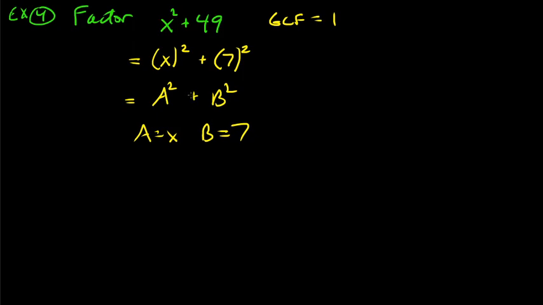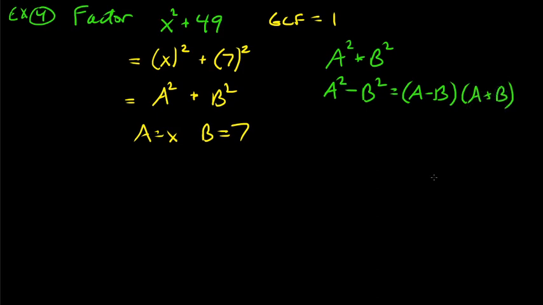But that's a problem, because I didn't tell you what to do when you have a squared plus b squared. I only told you what to do when you have a squared minus b squared. So in the case of a squared minus b squared, it's a minus b times a plus b, or a plus b times a minus b.